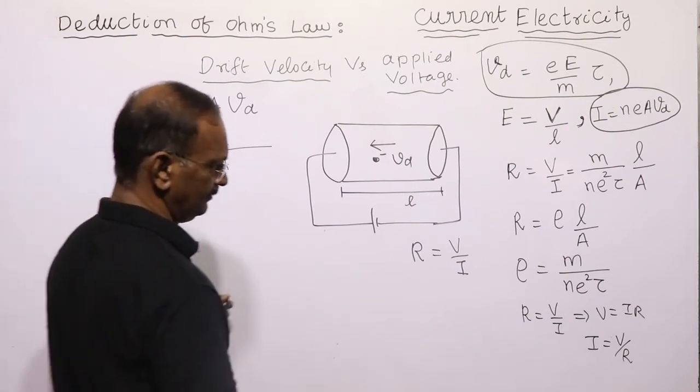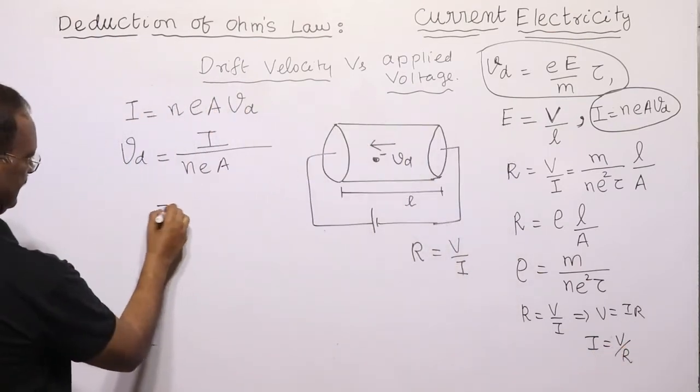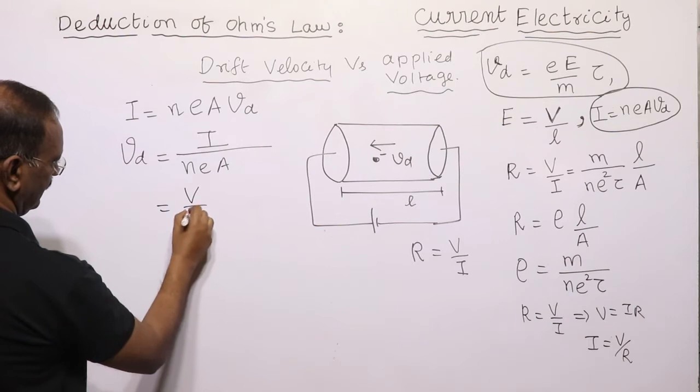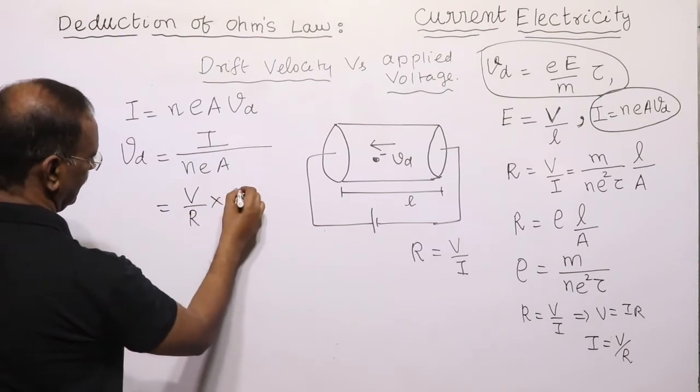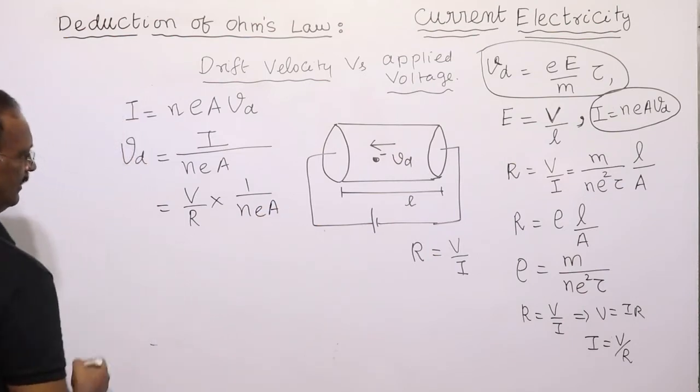Since V is equal to I R, I is equal to V by R. So we can write vd is equal to V by R into 1 by n e A. And what is R?